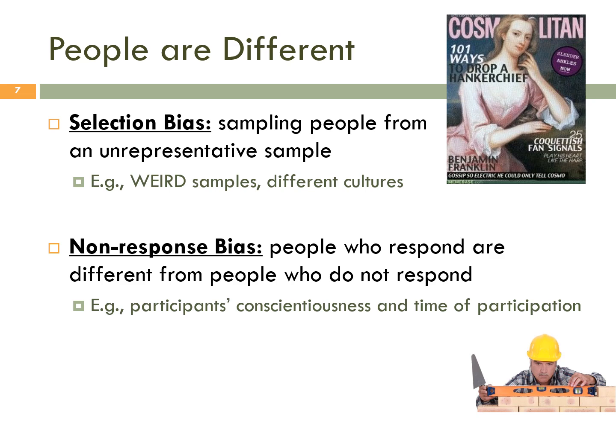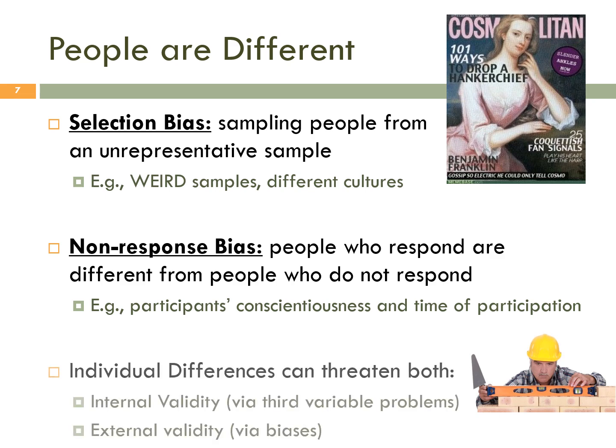So because we have these individual differences that might affect an individual's participation, that needs to be taken into account when we're interpreting our data. That might affect the dependent variable other than our independent variable. So these individual differences with selection bias and non-response bias can affect both the internal and external validity.